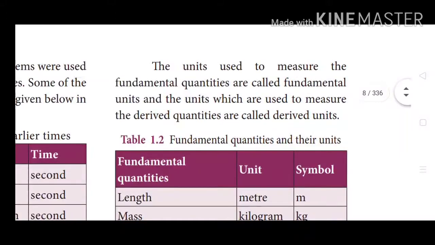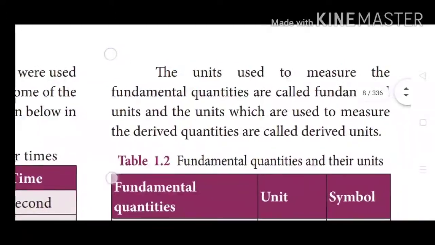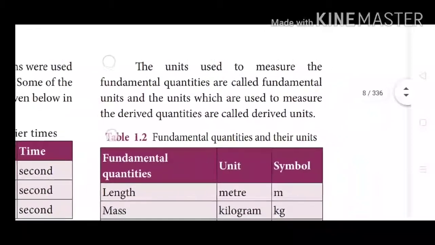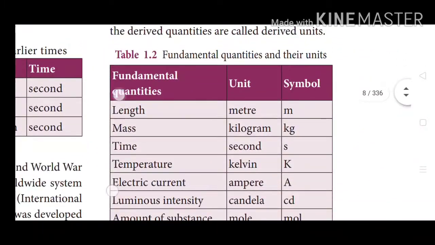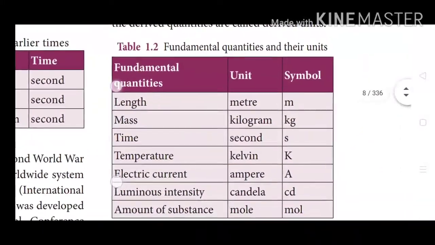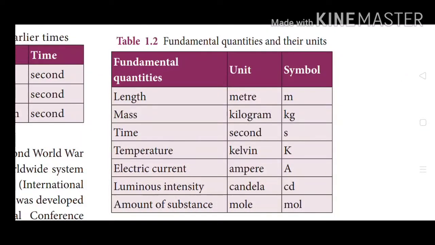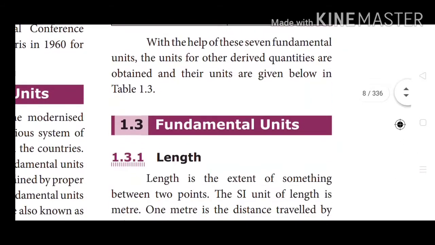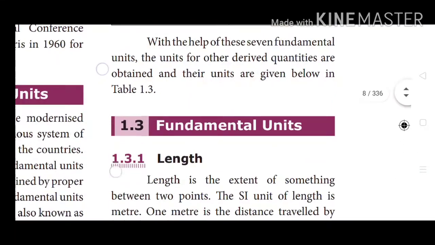The units used to measure the fundamental quantities are called fundamental units, and the units which are used to measure the derived quantities are called derived units. See table 1.2, which has 7 fundamental quantities: length, mass, time, temperature, electric current, luminous intensity, and amount of substance, and also gives the unit and symbol. Students, study clearly and see the page in your book or download the book from the Tamil Nadu textbook. You can understand the fundamental units.